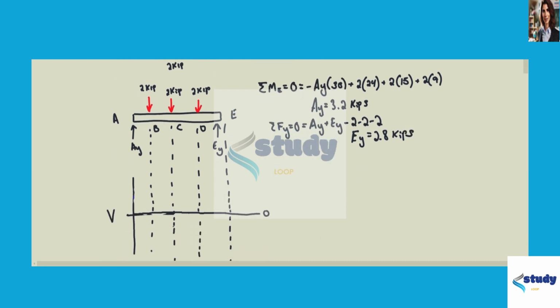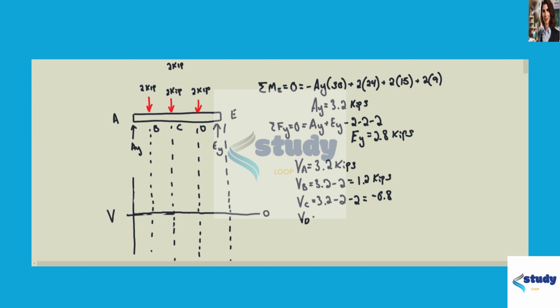We now are going to solve for the shear forces. Let's start with the shear force of A, which is 3.2, because it only involves AY. Do the shear force of B, which is 3.2, minus the load at B. So subtracting 2 equals 1.2 kips. Shear force at C equals 3.2 minus load at B and minus the load at C equals negative 0.8.